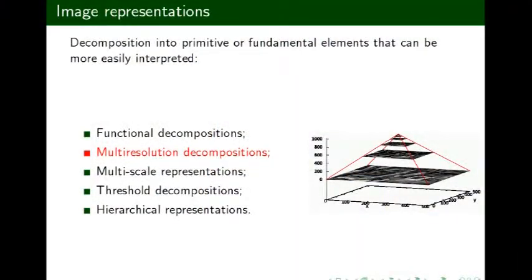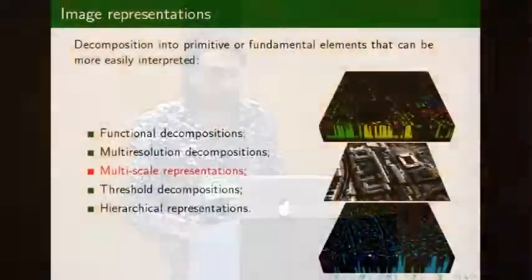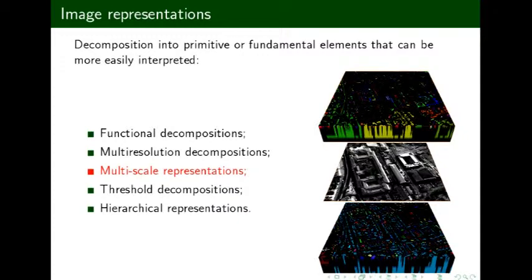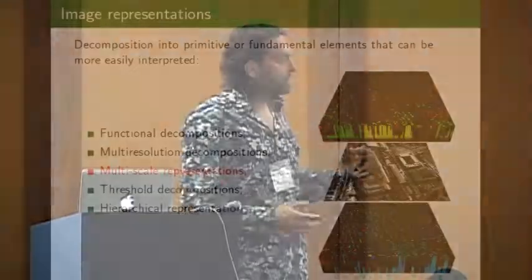We can think of multi-resolution decomposition, looking at an image at various sizes, for example, or multiscale, in which you give each pixel a region around it according to a scale, but each pixel has different scales at which you can look at it.